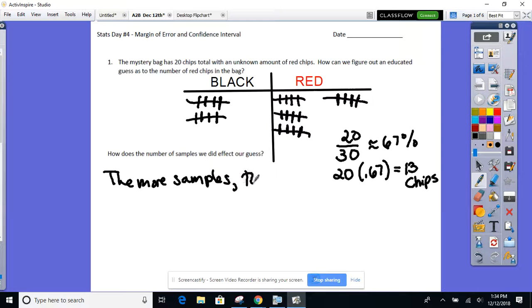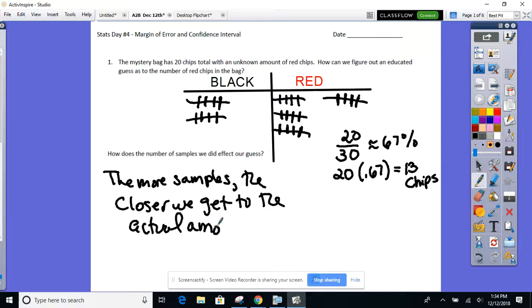The closer we get to the actual amount of red chips. And we knew that from the probability unit. The more you do, the closer you get.